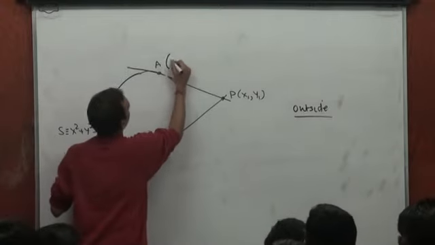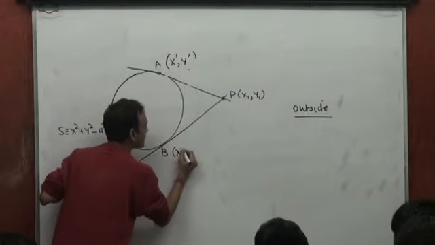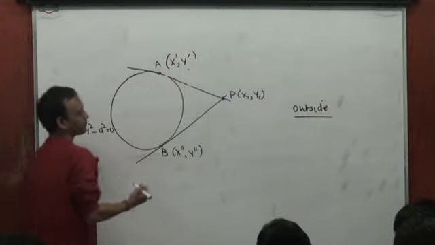Let's say A is x prime y prime and B is x double prime y double prime.